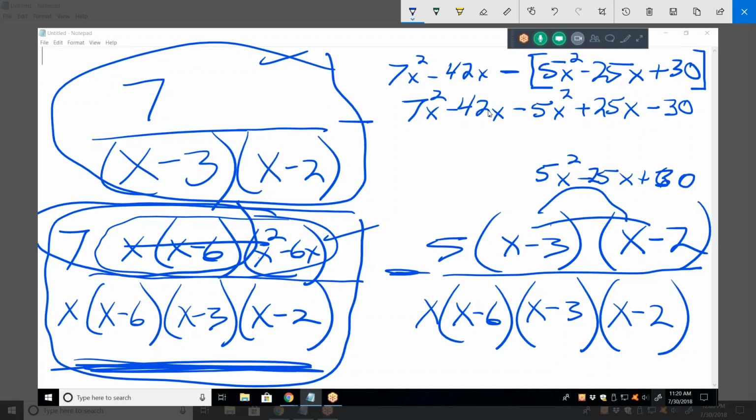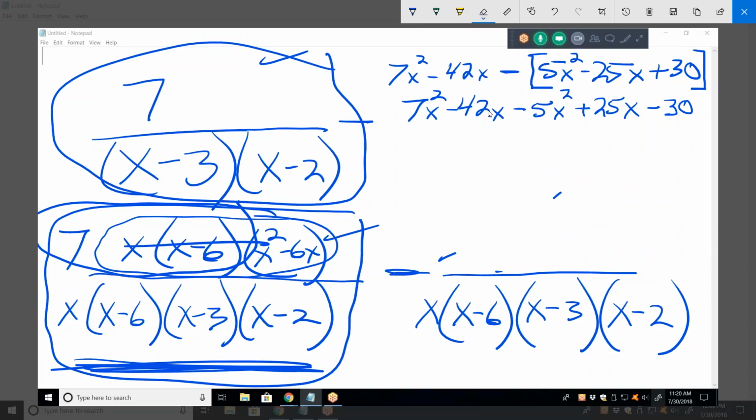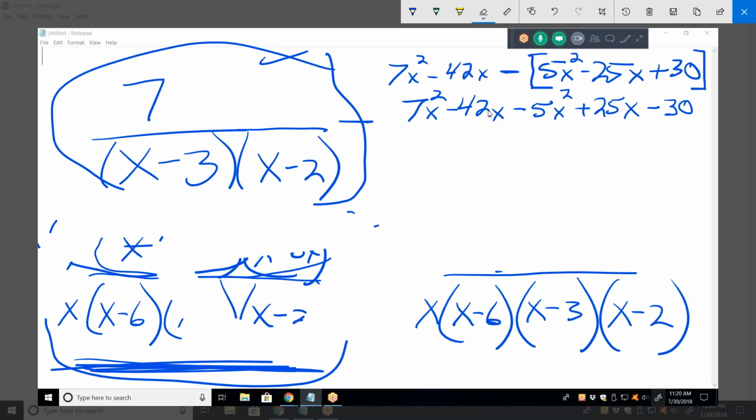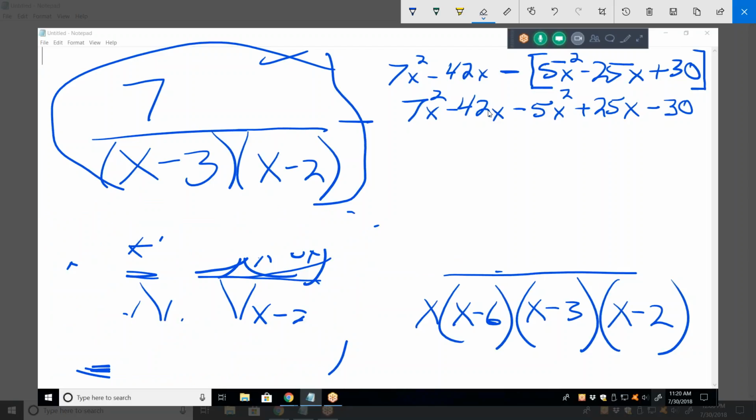Okay. Now, simplify that. Hold on. Remember, this is just the numerator. In other words, this is what I'm going to replace above the line when I'm done. I'm going to have that common denominator still, but I'm just replacing the numerator.